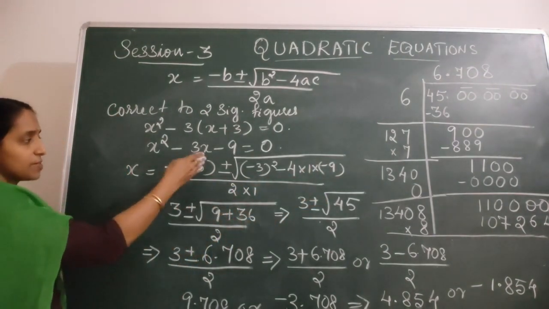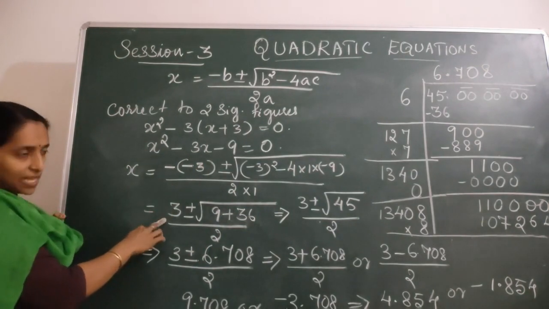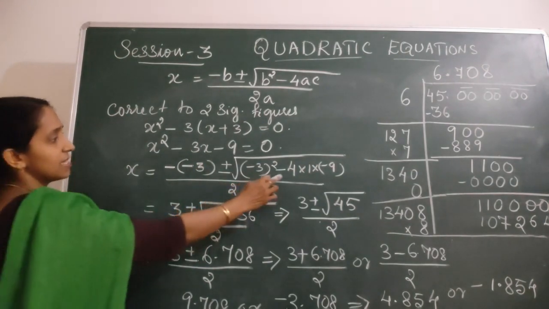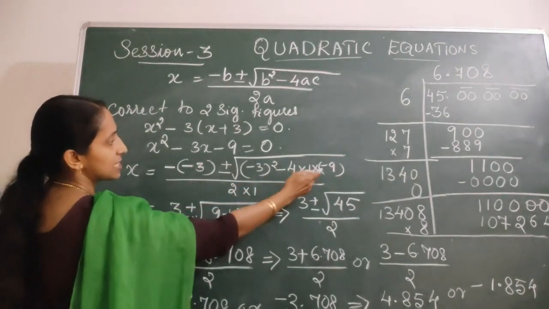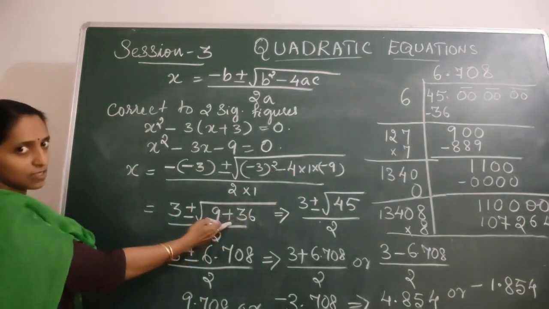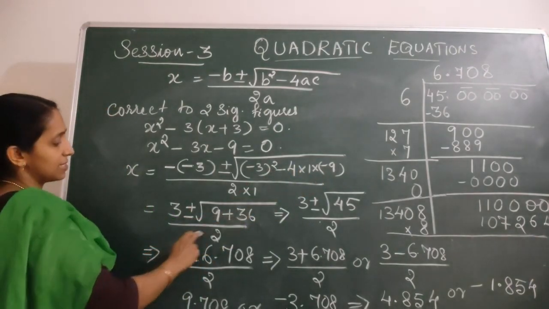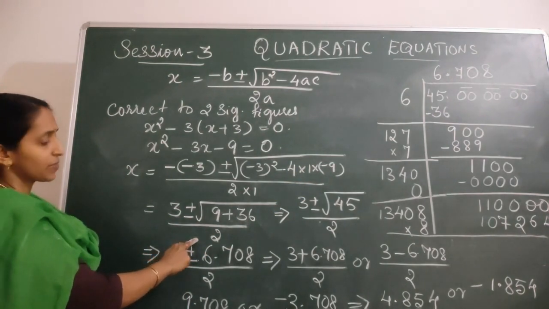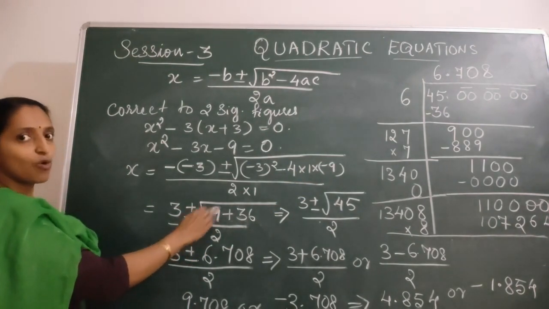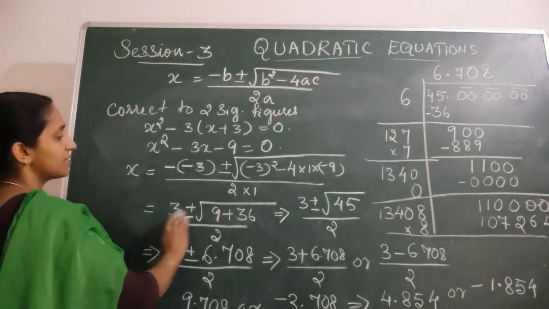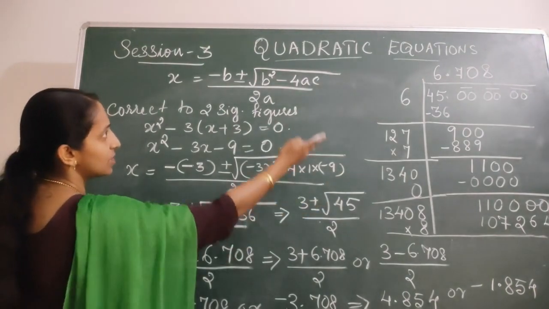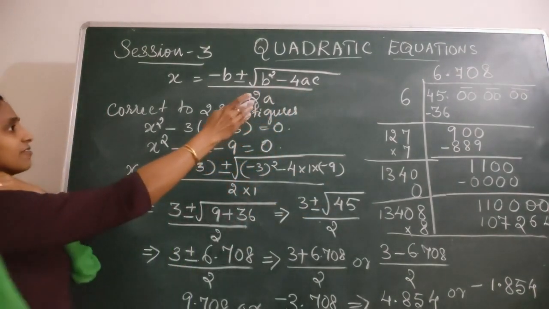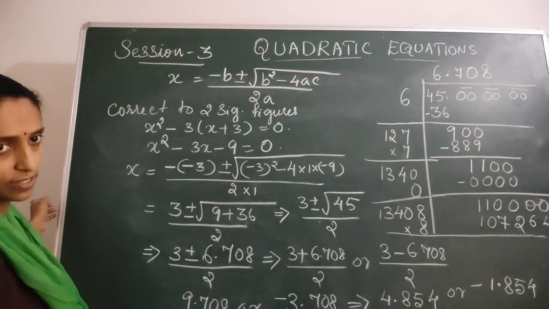Then after simplifying, minus of minus will be plus, and you are getting here 4 9s are 36. Minus into minus, plus 36 will come. So 9 plus 36 upon 2. 36 plus 9 is 45. And then we have taken out the long division method for root 45 as 6.708.